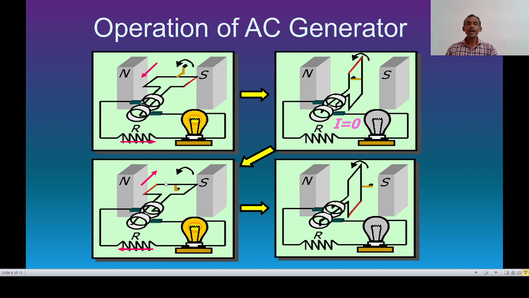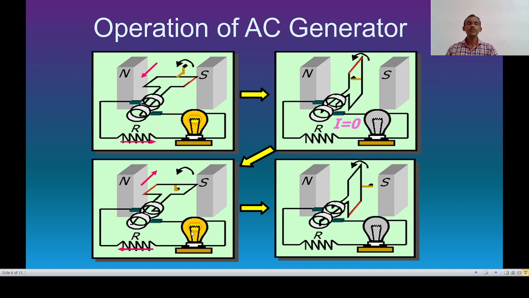Now, at the third condition, consider this segment going in the downward direction due to the external torque. When this segment is going downward, at this condition also the maximum EMF will be induced, or the maximum current will flow in this circuit, but in the opposite direction of the first case.